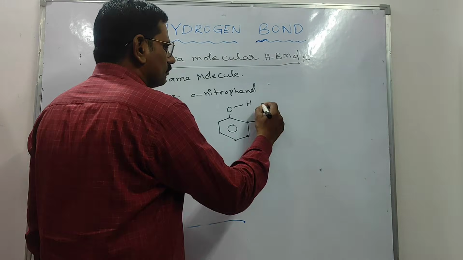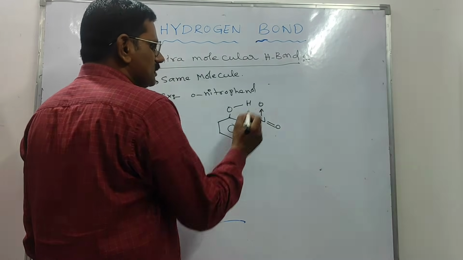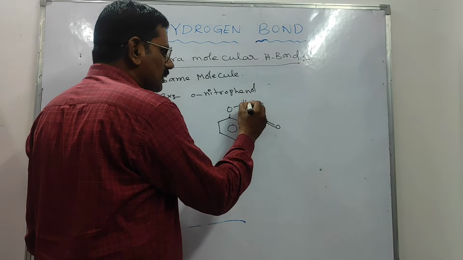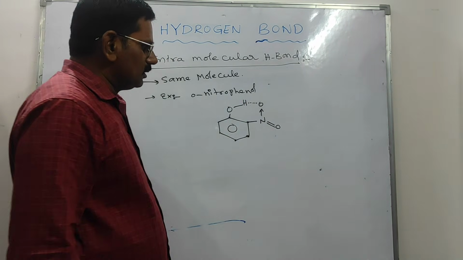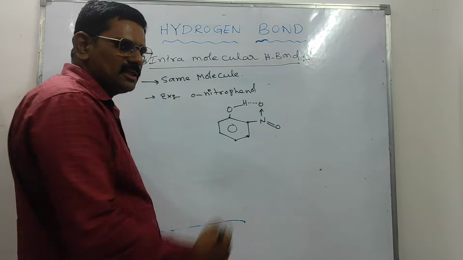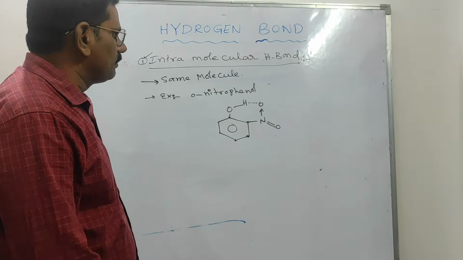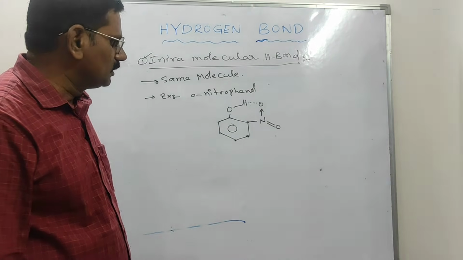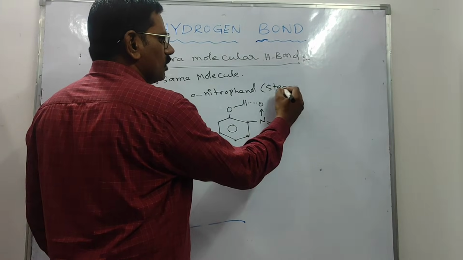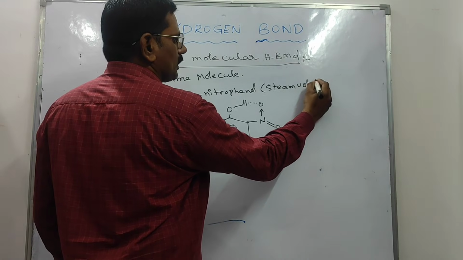Whenever oxygen comes closer to hydrogen, a hydrogen bond will exist between these two atoms. This hydrogen bond is formed within the molecule, hence it is called intramolecular hydrogen bond. Orthonitrophenol is also called steam volatile.